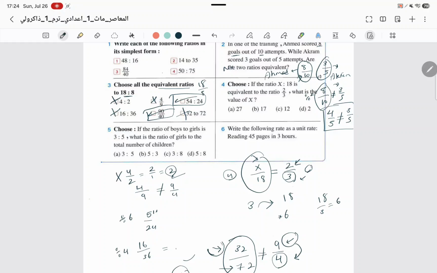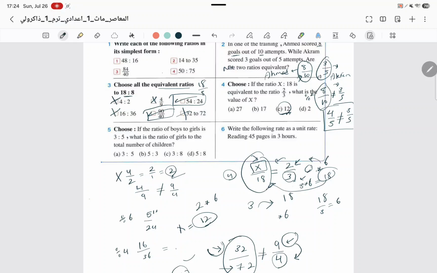So we have to multiply the top, which is 2, by 6 to get that x, because 3 multiplied by 6 is 18, which is the bottom. We do the same process with the top. So 2 multiplied by 6 is 12, and this is the value of x. So the value of x here is 12, which is C.